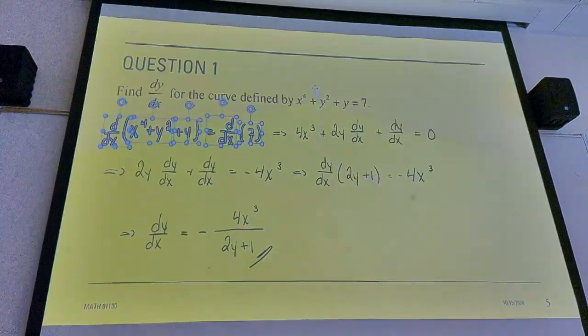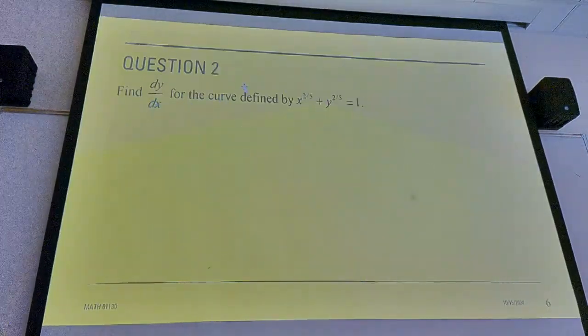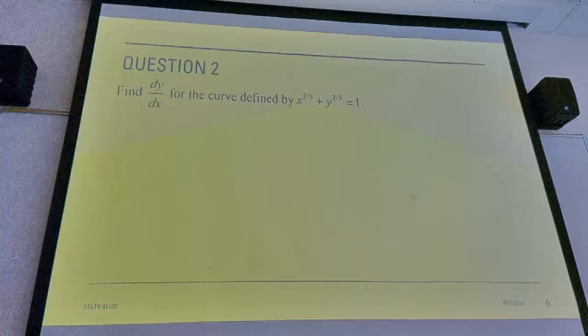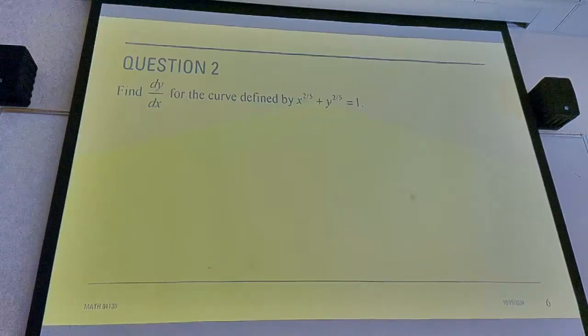The whole d/dx of both sides, I'm just going to skip right to that. Find the derivative of the left-hand side. So this times x to the negative 3/5.